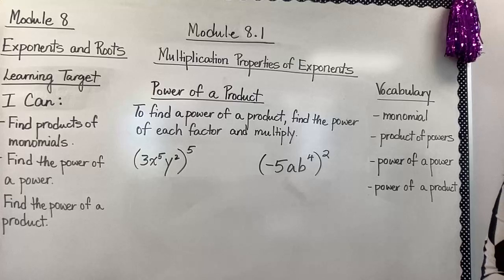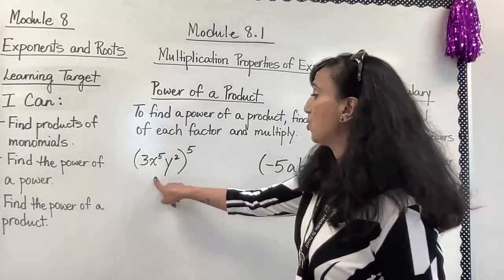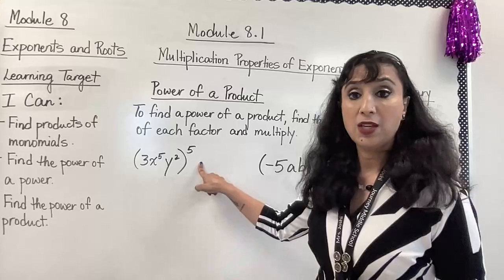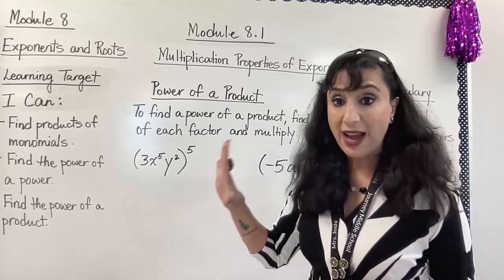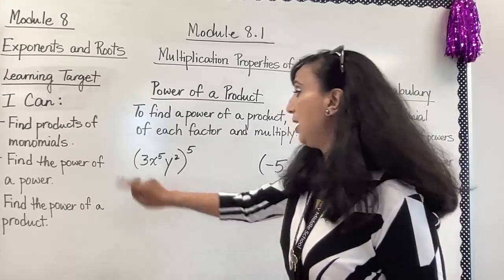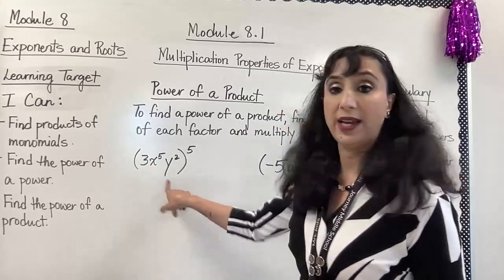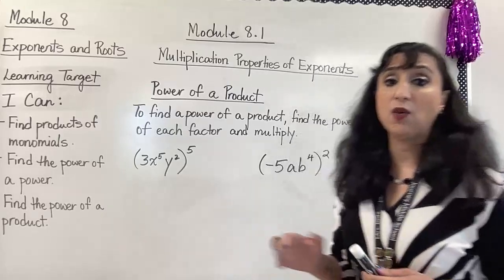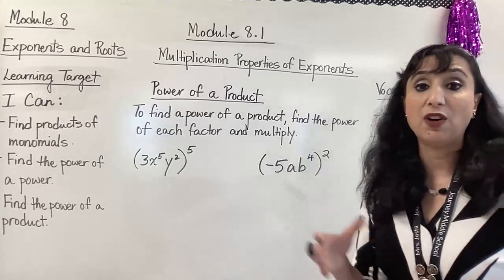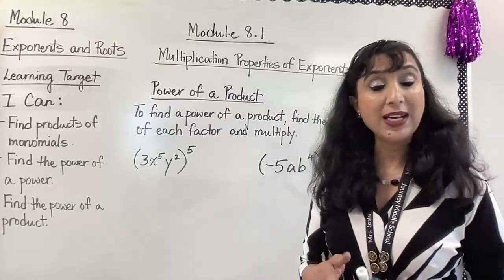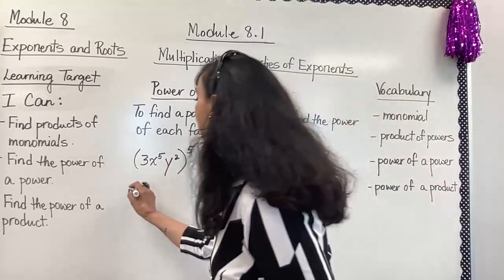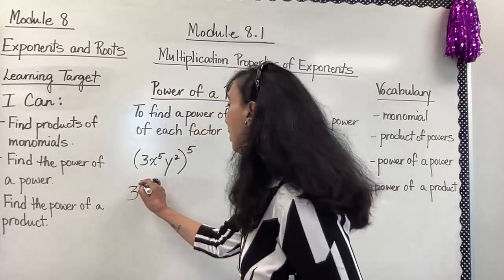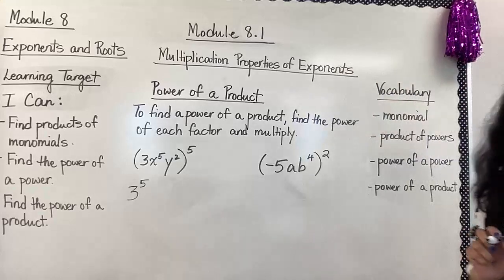So let's look at the first one. It's saying 3x to the 5th power, y squared, all of that to the 5th power. So once again, we're going to take each of the factors. And the factors are 3, x, and y. Right? So let's go ahead and find the power of each factor and then multiply. So we have 3 to the 5th power.